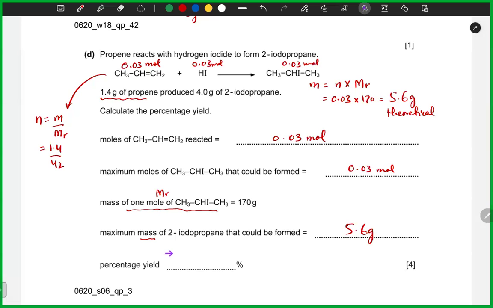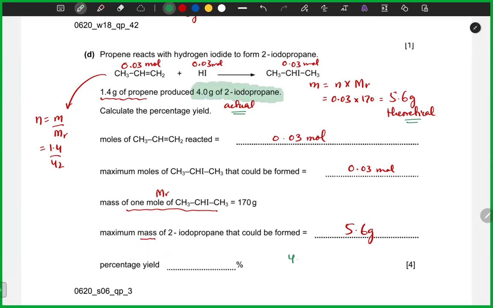Now at the end, he's asking for the percentage yield, right? He's given me the actual as well. He asks what is the amount of iodopropane that's produced? So this is the actual amount. So we have the actual and we have the theoretical, and I'm going to calculate yield.